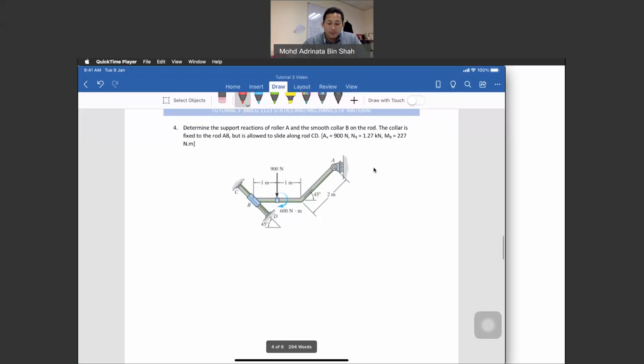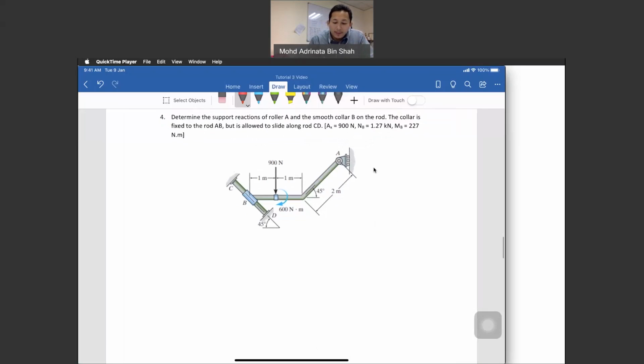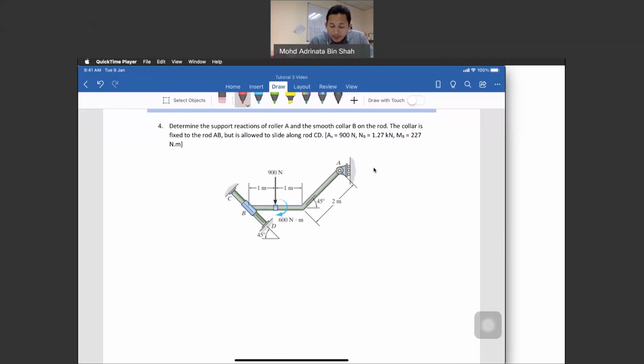Okay, so we go to question number 4. Determine the support reaction of roller A. Please carefully read here, roller A. So from A, it is a roller, not a pin.